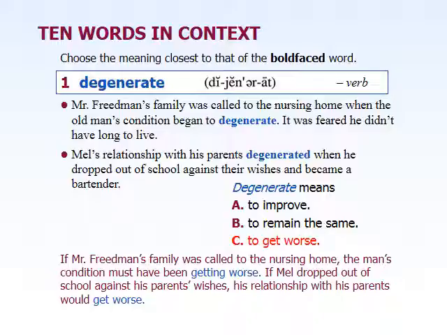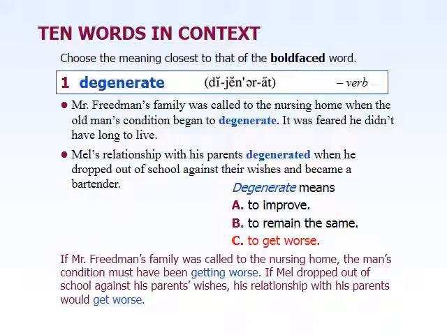Or in a sense to grow. You can hear people talking about generating income, meaning making more money. So degenerate has the opposite meaning, the opposite of making something. In this case, it means making something worse.